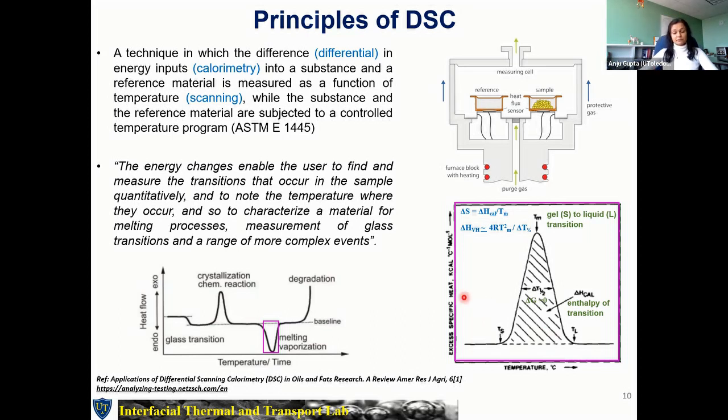And in our case, it will be from gel to fluid, which I'll show you in the next slide. Once you have your melting temperature and your peak, you can compute the entropy of this transition. And from that, you can also compute van't Hoff enthalpy. The van't Hoff enthalpy involves melting temperature and half peak width.